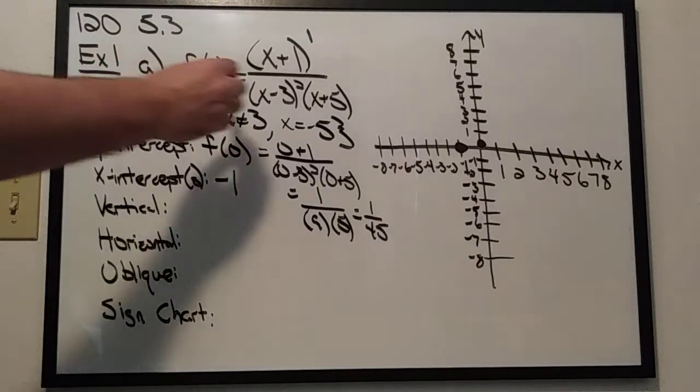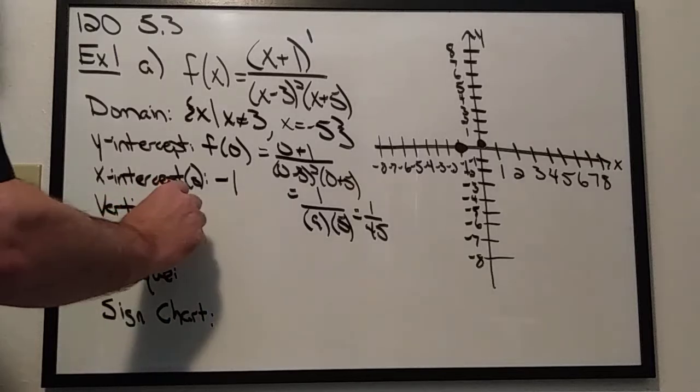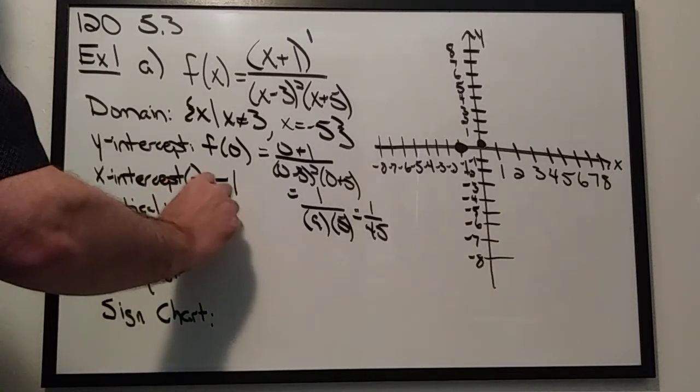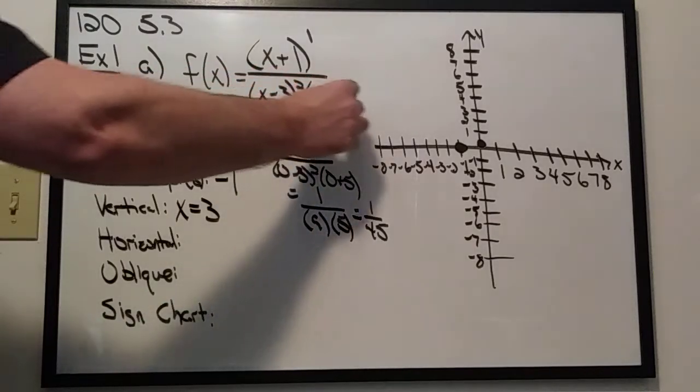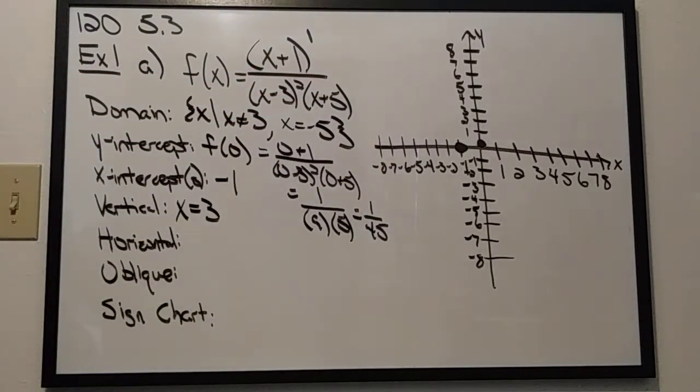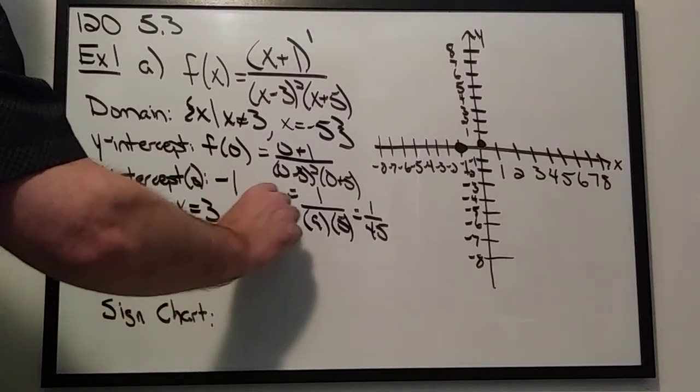So once again, we have x minus 3 to the second power in the denominator. X minus 3, that's the factor. The 0 that goes with that is positive 3. So one of our vertical asymptotes will be x equals 3. Our other factor in the denominator is x plus 5. The 0 associated with that would be a negative 5. So our other vertical asymptote is x equals negative 5.